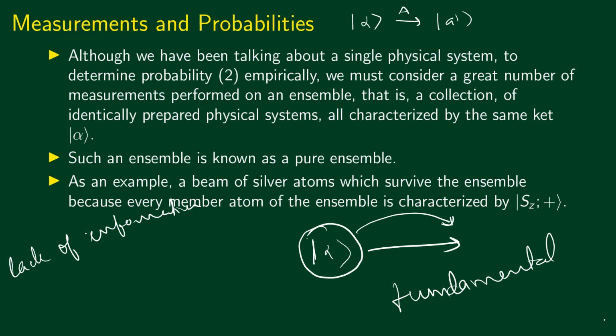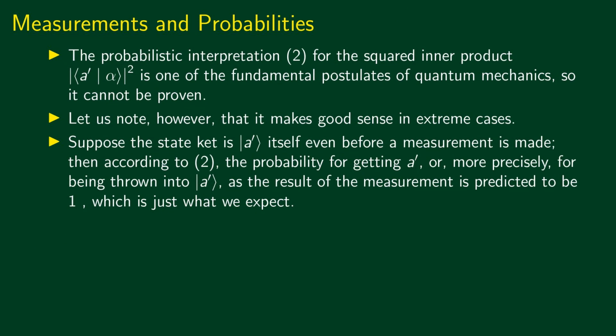Perfect knowledge of the state does not guarantee perfect knowledge of measurement outcomes. Perfect knowledge of the state will give you perfect knowledge of probabilities for various outcomes. Now the probabilistic interpretation for the squared inner product of this form should be thought of as a fundamental postulate of quantum mechanics.